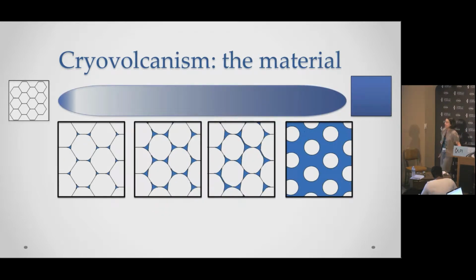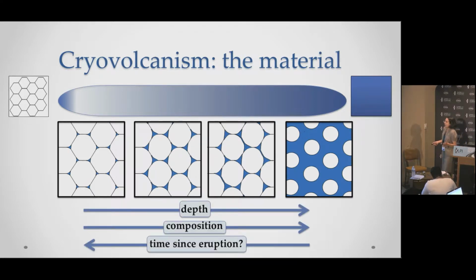And for the purposes of this week, I'm trying to think about this sort of as a continuum in between a perfectly polycrystalline solid and a perfect liquid. Like you might have, for instance, as temperature increases, as for these icy bodies, like it would be with depth, or as composition changes as you get more and more of some sort of an anti-freeze second phase.